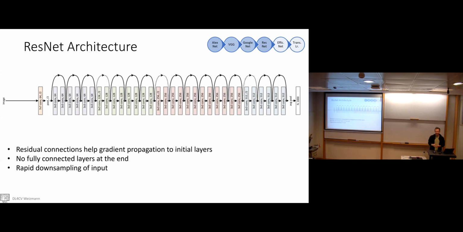This way you can scale this network infinitely big. So don't do that, but they did. And actually they trained the 152-layer network, which won this challenge. So again, no fully connected layers at the end. They applied global average pooling after they compressed the input well enough. And they also rapidly downsampled the input to reduce the memory consumption.